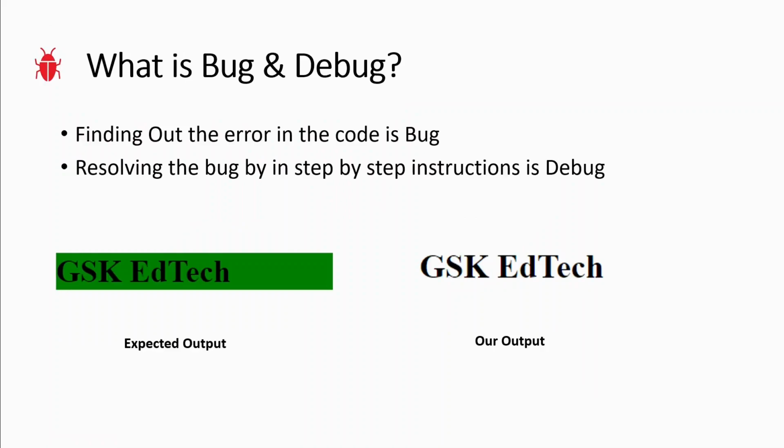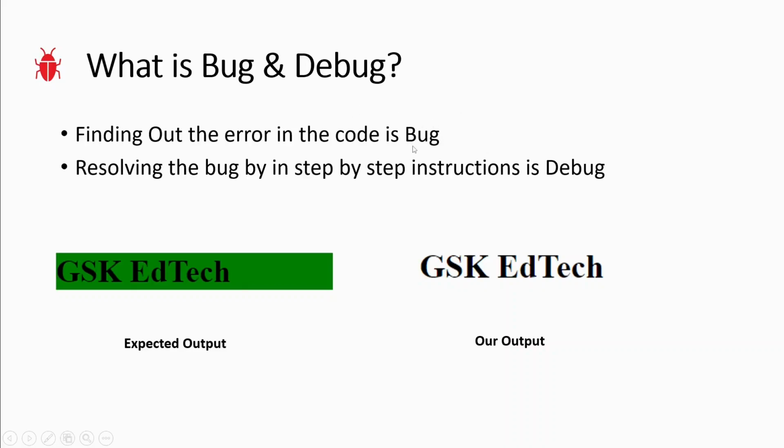And coming to bug and debug, what are bug and debug? Many people will have heard these terms, right? A bug is nothing but an error in the code. If you made a mistake in your code, like not putting a curly bracket or not putting a comma, that is called a bug.